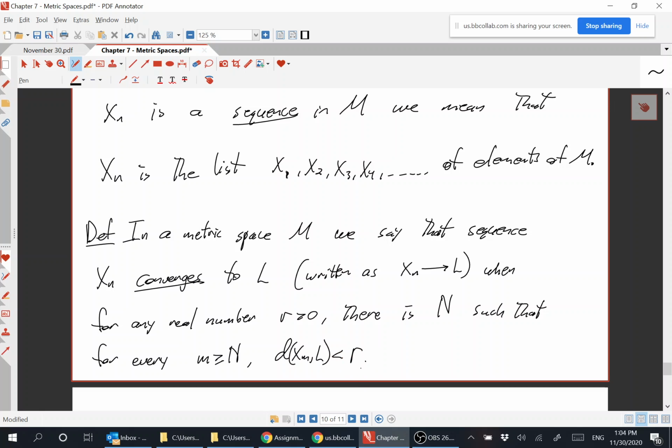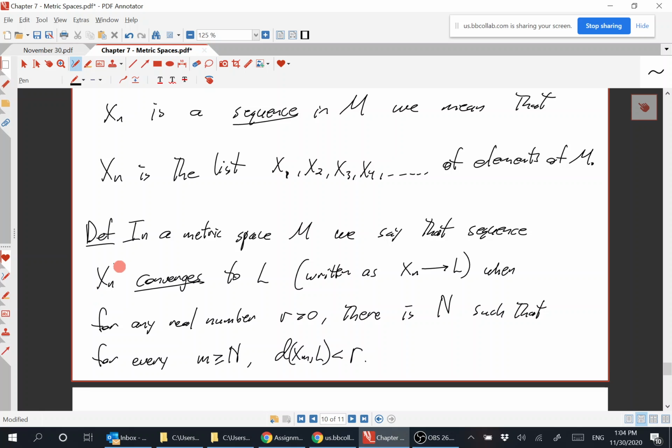So this is a for all, there exists type statement from predicate logic. For any real number r, there is a number N such that for every little m bigger than capital N, the distance from xm to L is less than r. So here xm is just one thing in the sequence.